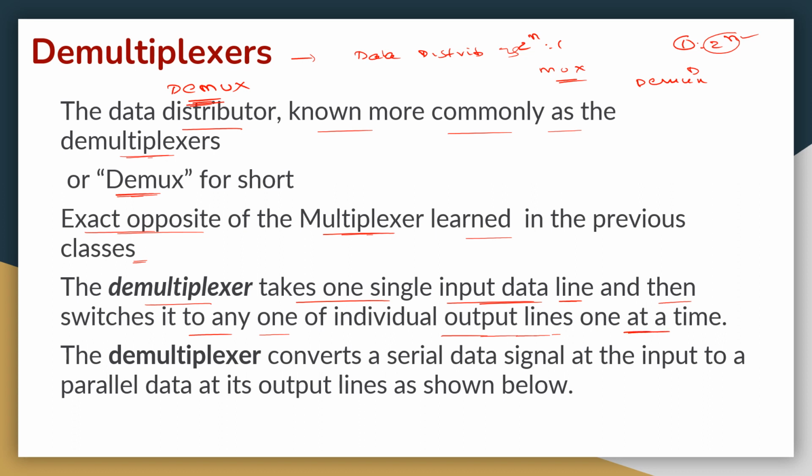Because the one input line carries data in serial, it can be distributed among the outputs, which are therefore parallel outputs.